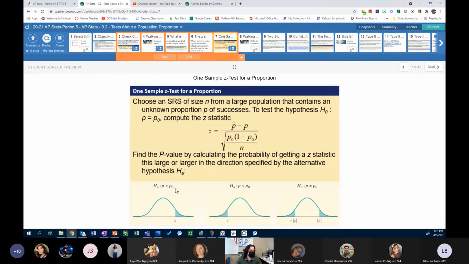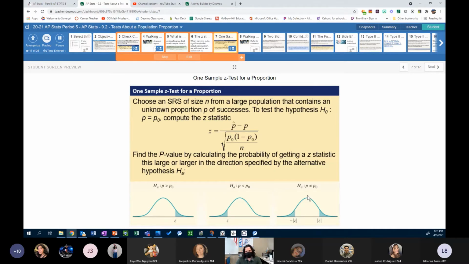If our alternative is that the true proportion is greater than the null hypothesis value, we're looking at the area under the curve greater than z. If the alternative is that p is less than p naught, again, it's the area under the curve less than z.